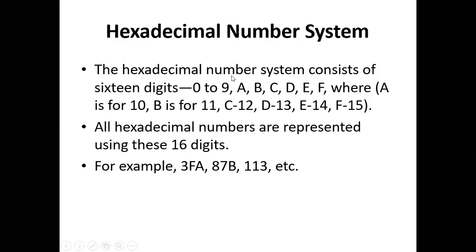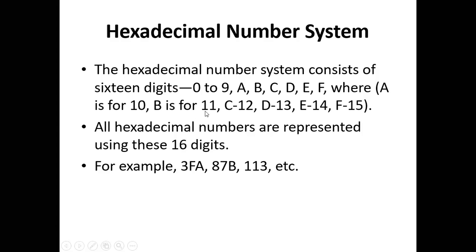So to represent a 10, we use letters from A to F, where the letter A represents 10, the letter B represents 11, the letter C represents 12, D 13, E 14, and F 15. So that is what we use to represent digits 10 to 15.